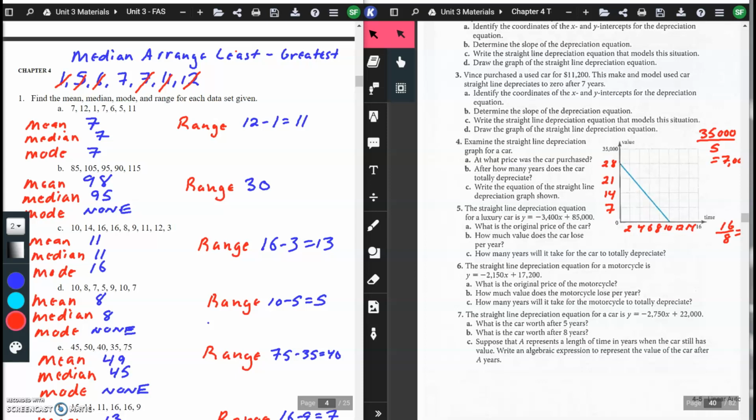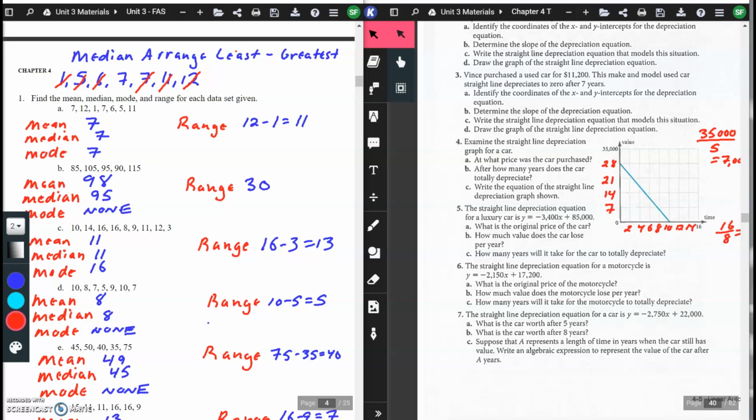Okay, your median. If you have 2 middle numbers, again, take the 2 middle numbers, add them together, and divide it by 2, and that gives you your new median number. Okay? Mean, you add them all up, 1 plus 5 plus 6 plus 7 plus 7 plus 11 plus 12, and divide it by however many numbers there are. In this case, there are 1, 2, 3, 4, 5, 6, 7 numbers.